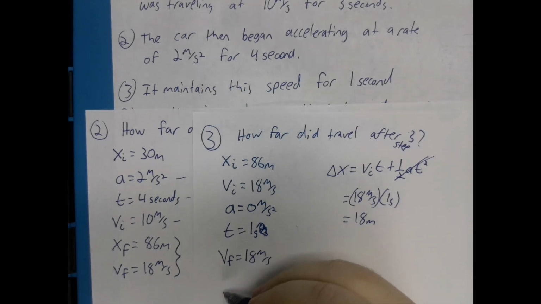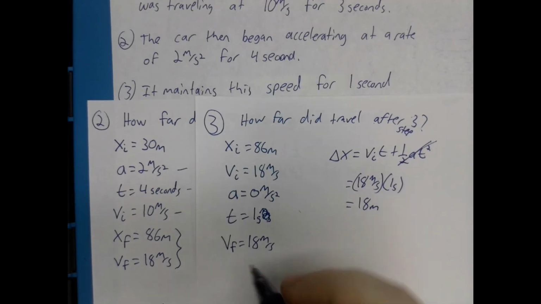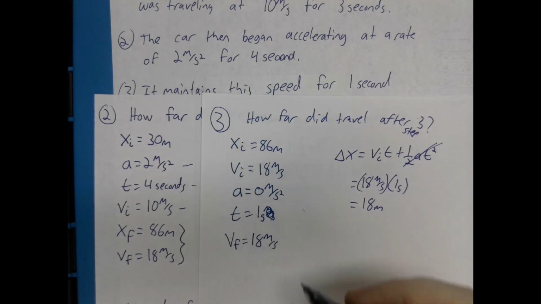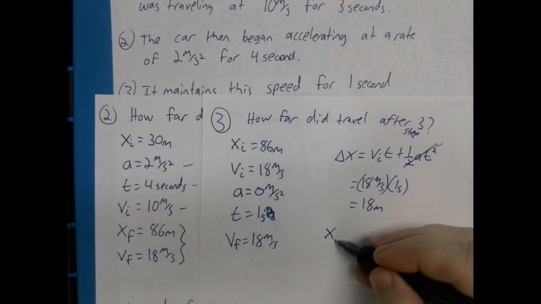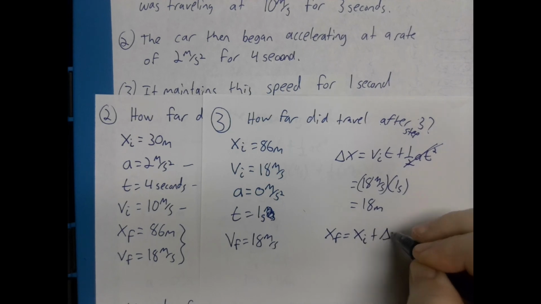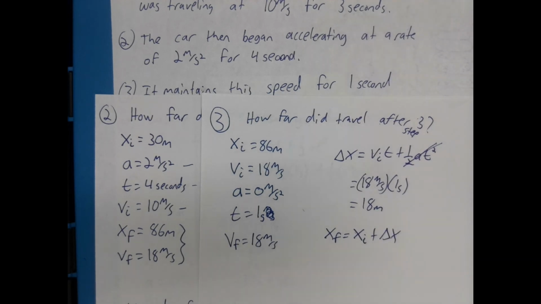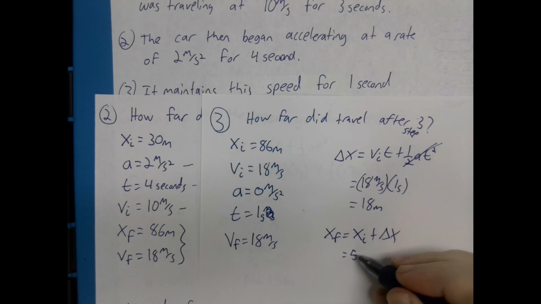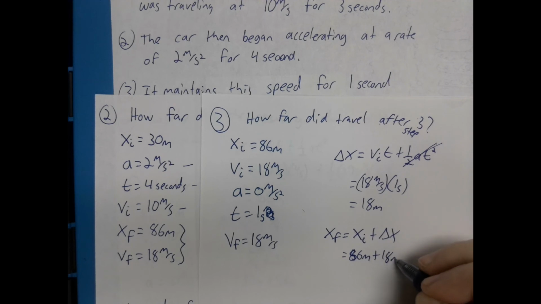To figure out our ending location, xf will be whatever we started with plus our change in x. So we started with 86 meters, and we added another 18 meters.